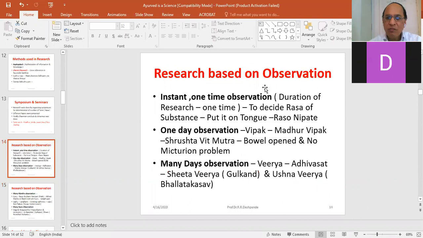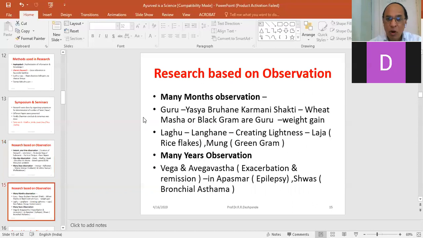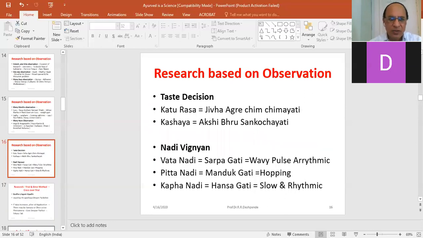Then research based on observation: instant one-time observation for rasa, one day of observation for vipaka, many days of observation for virya, and many months of observation to observe the gunas, guru and laghu. Then there is vegavastha and avegavastha in apasmara and shwasa vyadhi. This is research, try to understand.